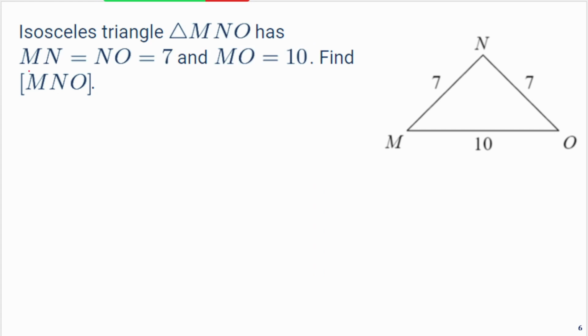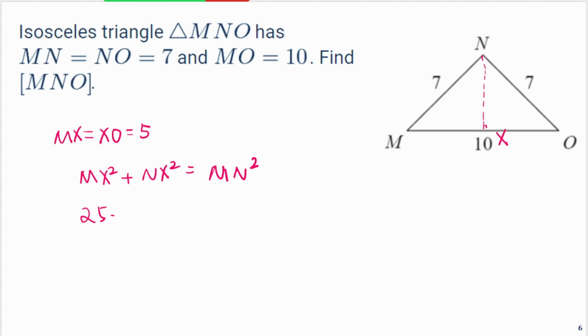Alright, let's have a look at the solution together. So first of all, we can draw altitude NX, which is perpendicular to MO at point X. Altitude NX cuts MO in half, so we have MX equals XO, which equals 5. The Pythagorean theorem applies to triangle MNX, which gives us MX squared plus NX squared equals MN squared, right?